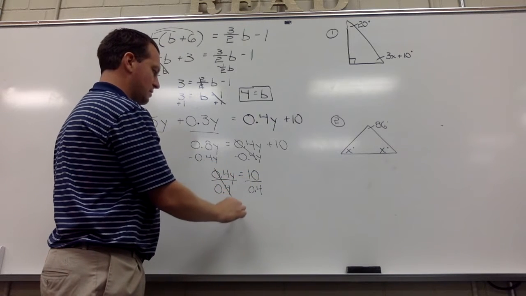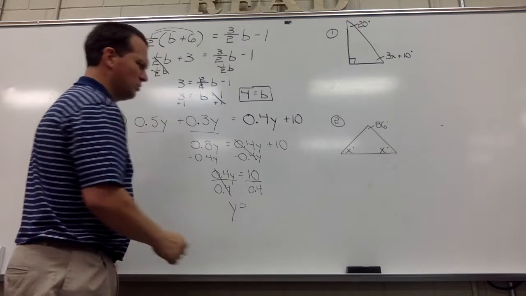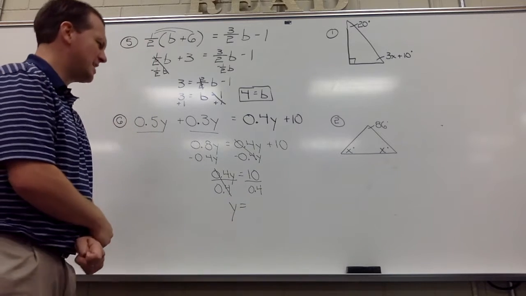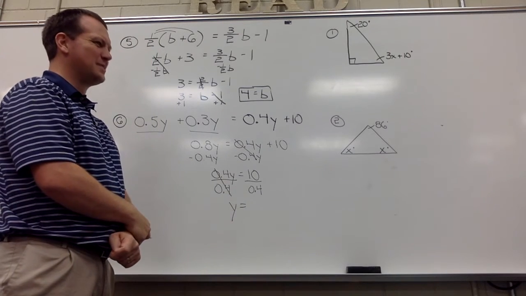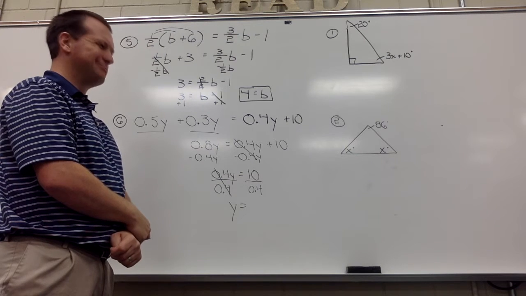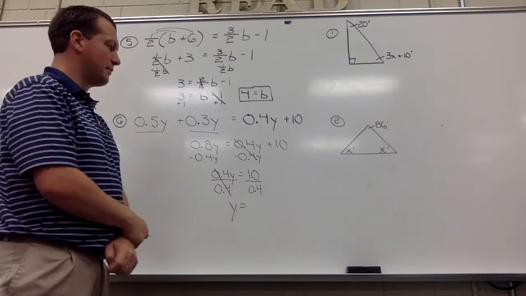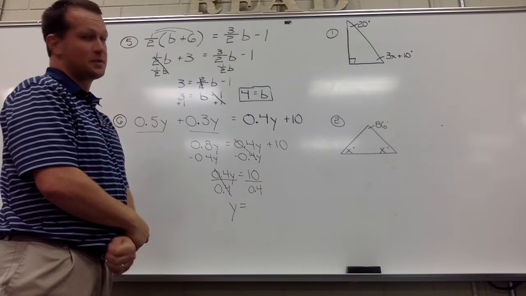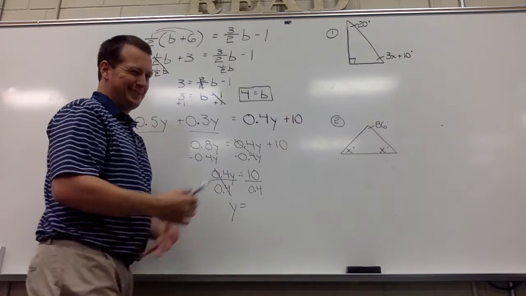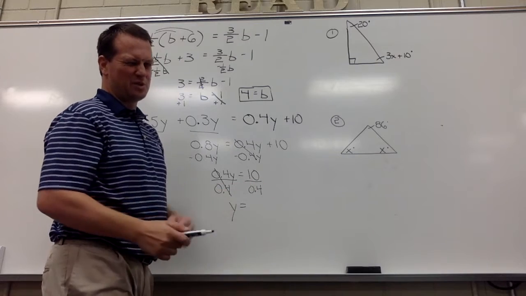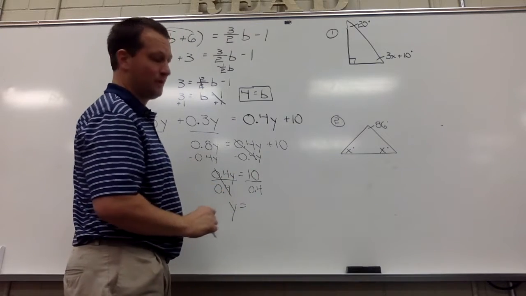I'm going to get y equals, you might have to think here, 10 divided by 0.4. Well, 0.4, if you think of it as a fraction, is the same as 2/5. I'm just doing this in my head. You're probably going to use a calculator and be much more efficient than me.